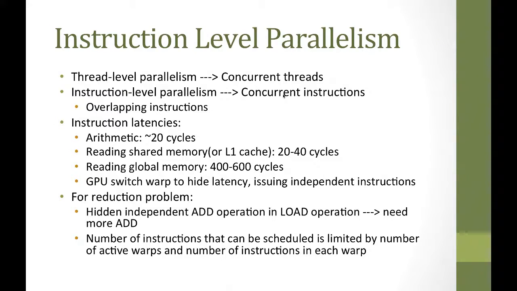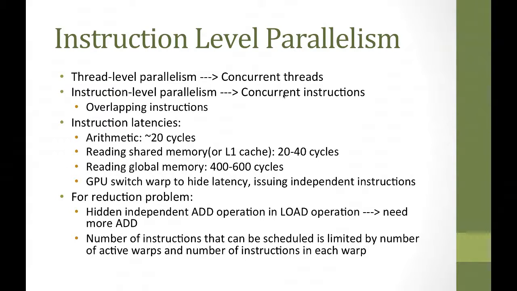Even if you have a lot of threads, blocks, and warps, if the warp is not active, you cannot issue the instruction inside it. So the GPU can only switch between active warps. It cannot switch to inactive warps.